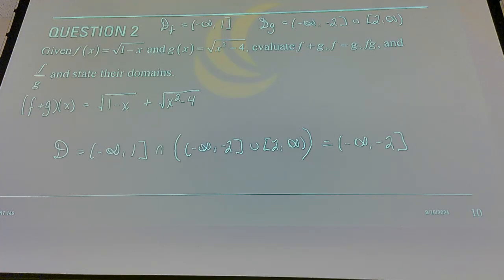Does it have anything else in common? No. Right, 2 to infinity would be greater than 1. The first set only goes up to 1, and the second set doesn't have anything between -2 and 1. So there's your intersection, that's the domain.